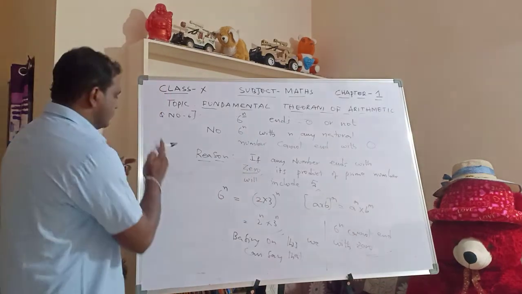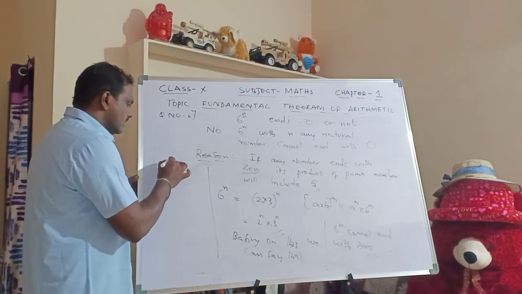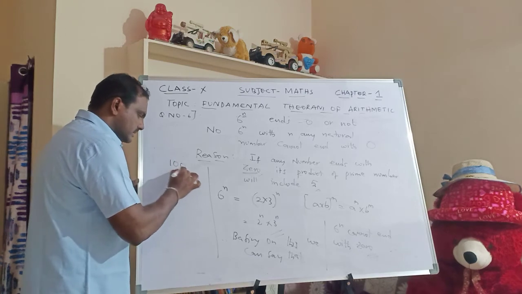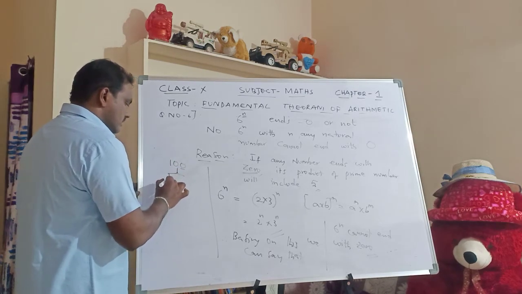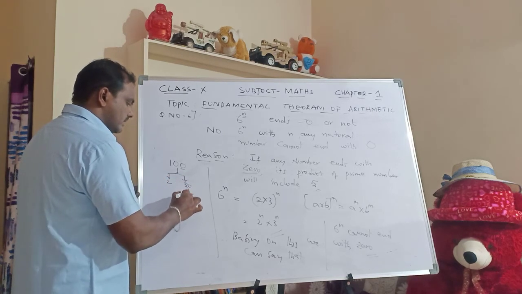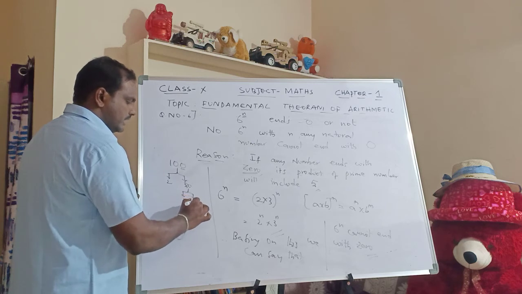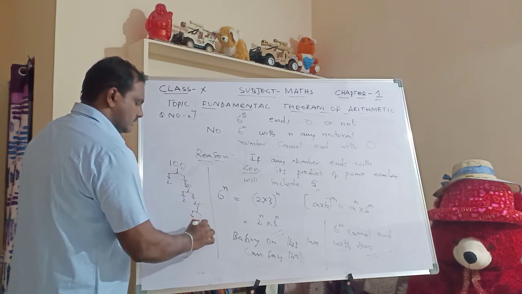For example, this is not our question, but for our convenience I am explaining. Look at 100, it ends with 0. Then what is it? 2 fifties are 100. Next, 50 can be written as 2 twenty-fives. Next, 25 is 5 fives.